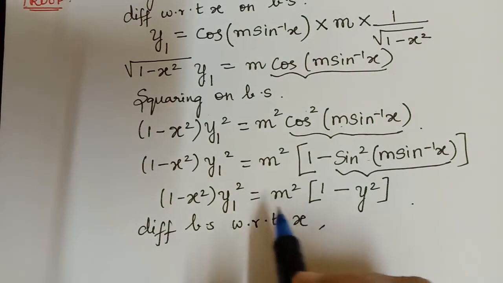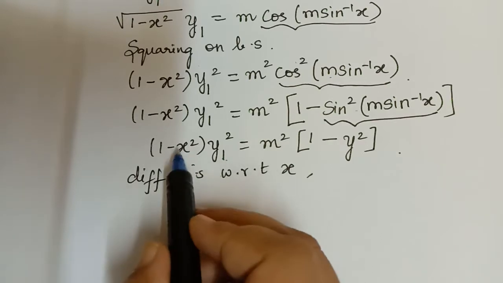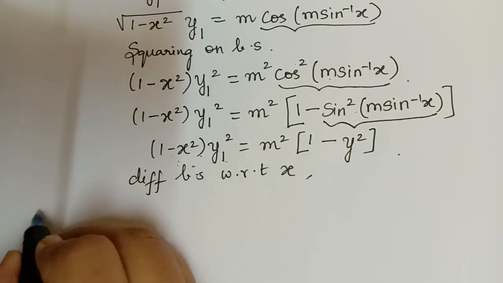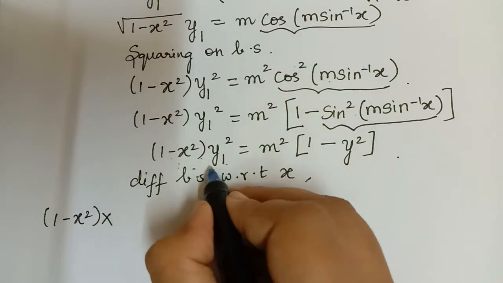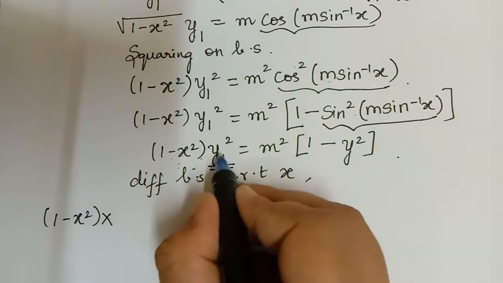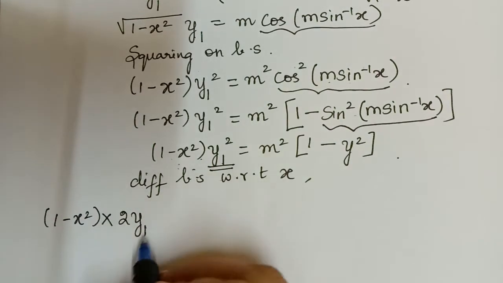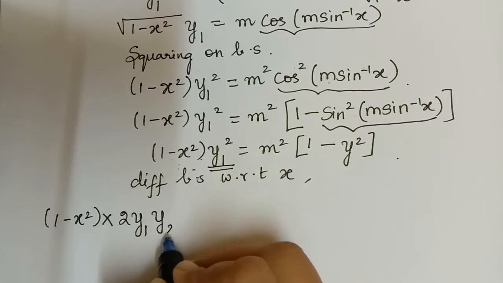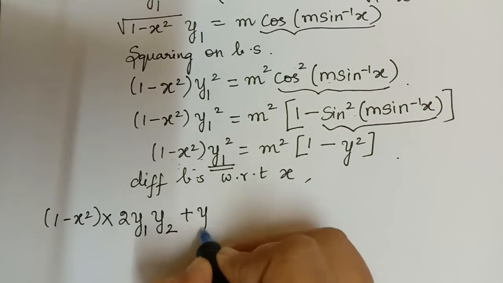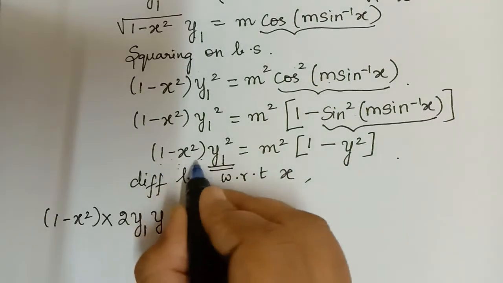So when we differentiate, we have to use the UV method here. So first we will consider this as such. So 1 minus x squared multiplied with the differentiation of this, which is the differentiation for y1 squared, which is 2y1, and then by chain rule we have to differentiate y1, whose differentiation is y2, and then plus y1 squared, we should have it as such, multiplied with the differentiation of this term.